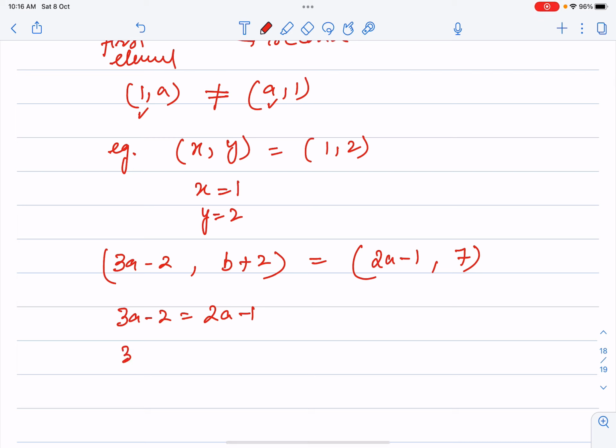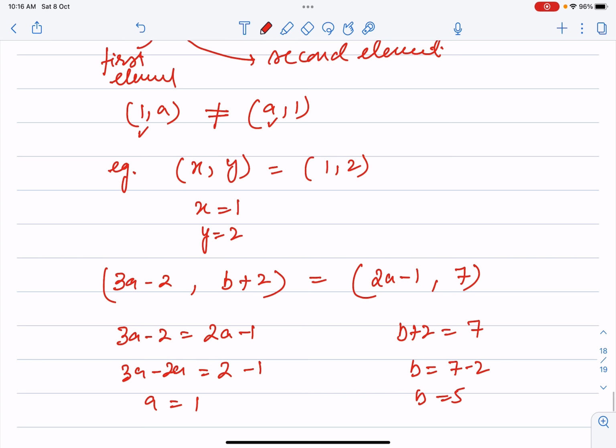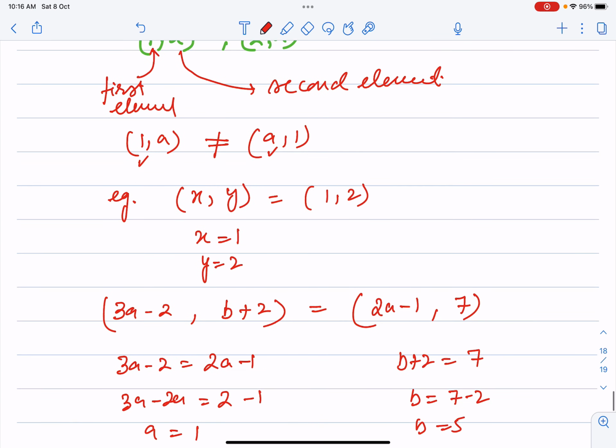So this becomes 3a minus 2a is equal to 2 minus 1, shifting the 2 over there. So a is equal to 1. And similarly b plus 2 is equal to 7. So b is equal to 7 minus 2, that is b is equal to 5. So this is the meaning of an ordered pair and how two ordered pairs are equal.